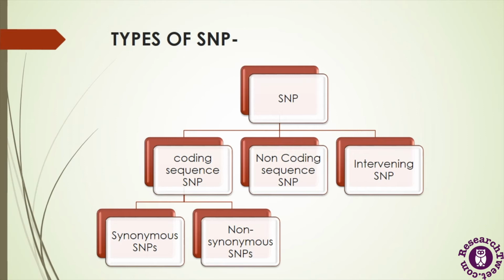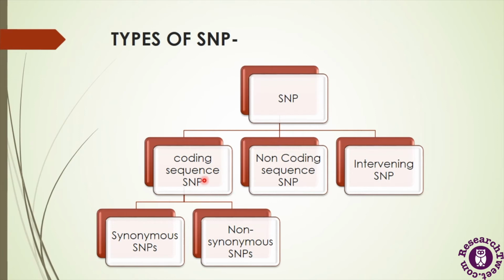But later it was found that SNPs in non-coding regions can carry a higher risk of cancer, because non-coding sequences act as regulatory elements that control gene expression. That's why they cause several types of cancers.